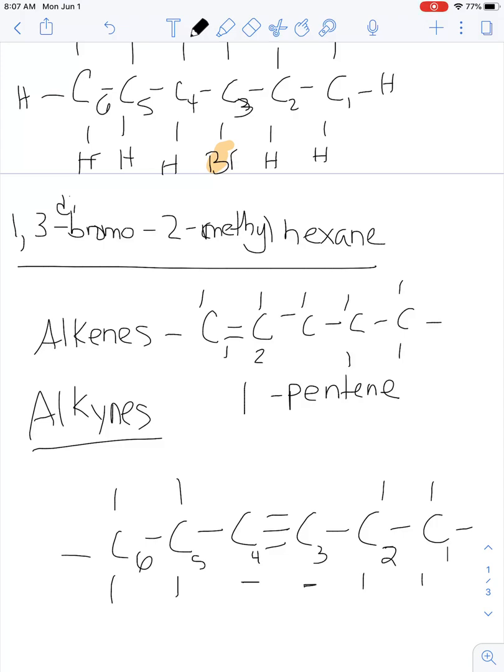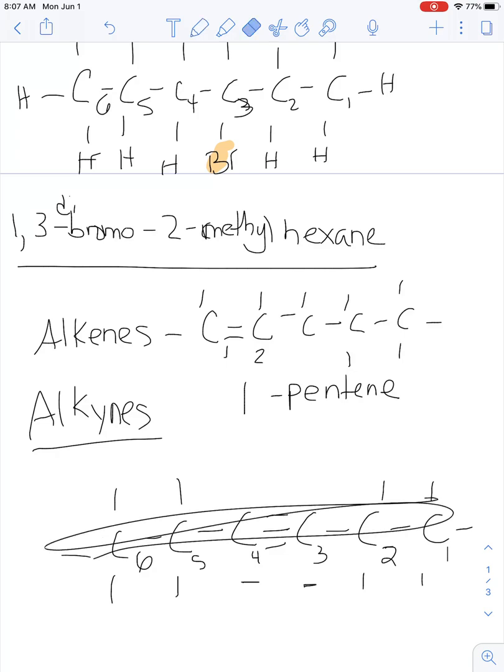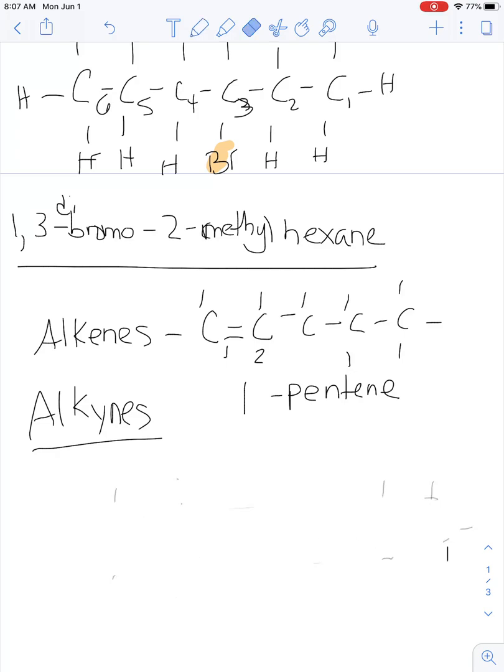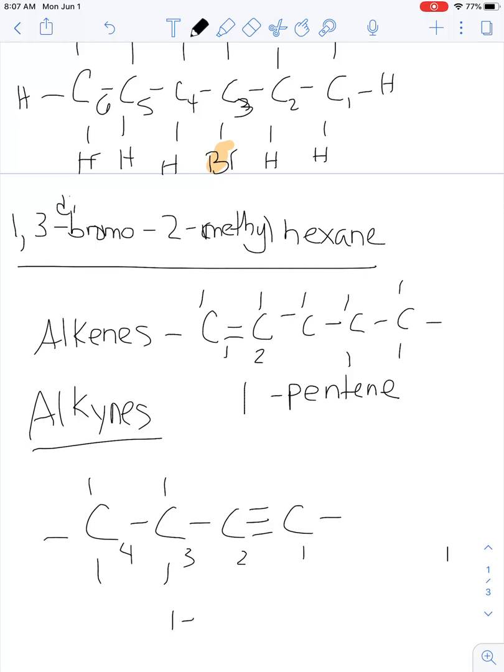So the thing that you have to watch out for is if you have something like this, this is actually going to be called 1-butyne, because we would count it right to left because we want that double or triple bond to have the lowest carbon number. So this would be called 1-butyne.